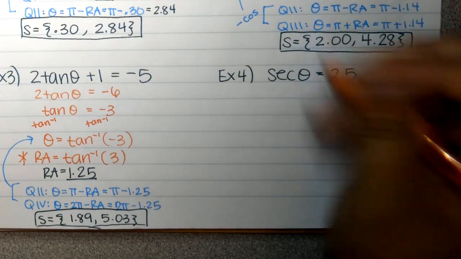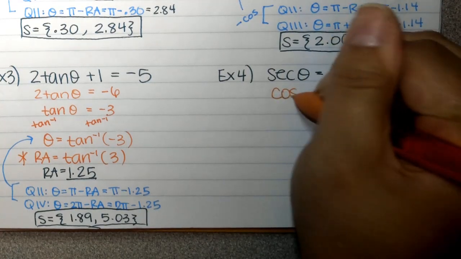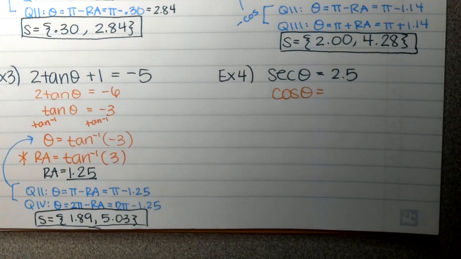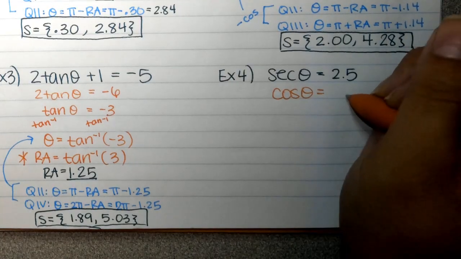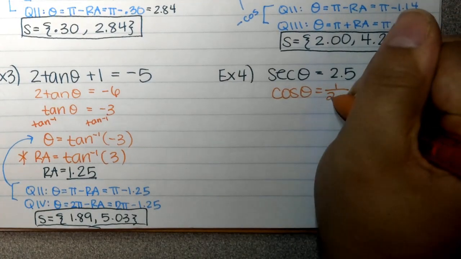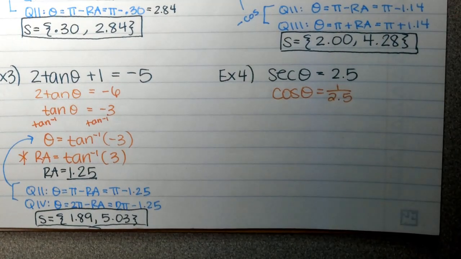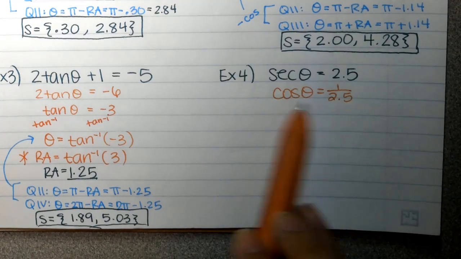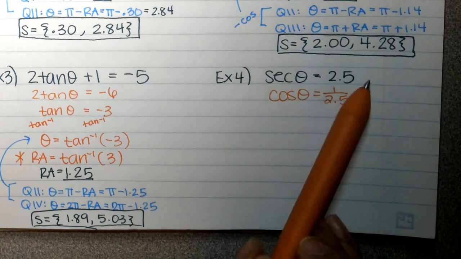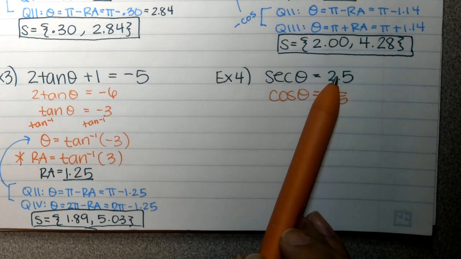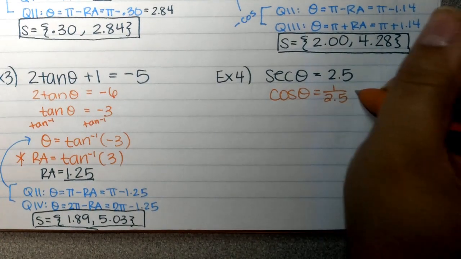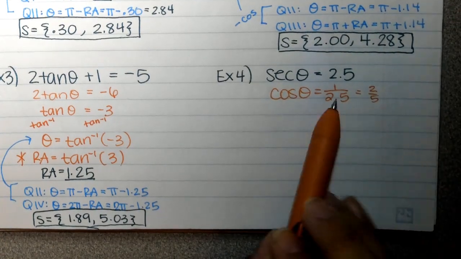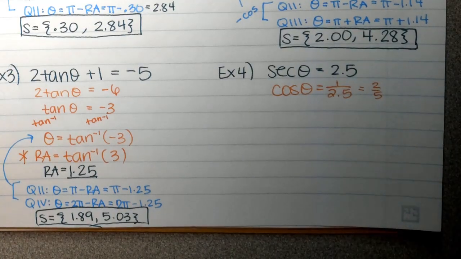Okay, and I'm not going to write 1 over cosine. Are y'all okay with me just writing cosine? And if I just write cosine, what do I do? Flip the other one, and what's that? So both are right. It is 1 over 2.5. But some of you might be thinking, Ms. Olivares, 2.5 is just 5 over 2. Could you flip that and do 2 over 5? These are equivalent. That's right. That's fine.